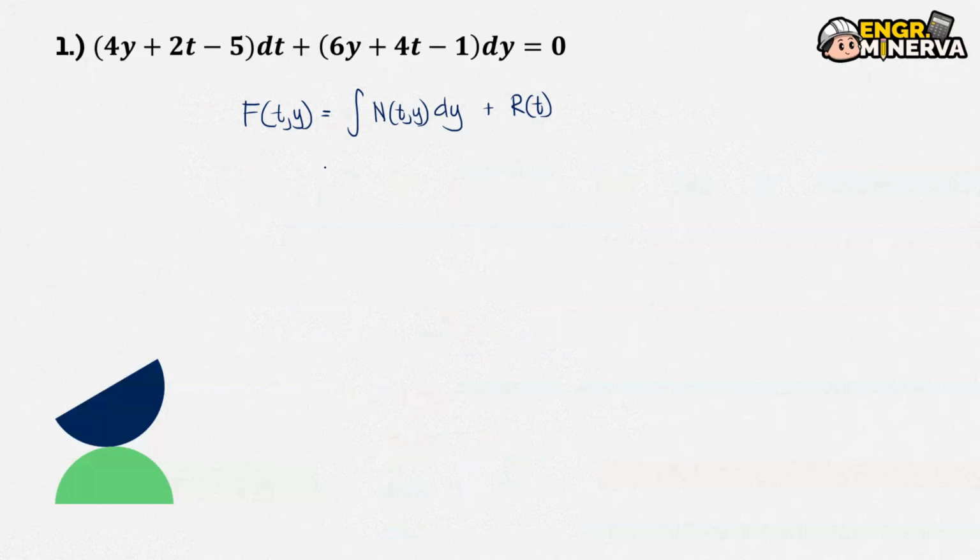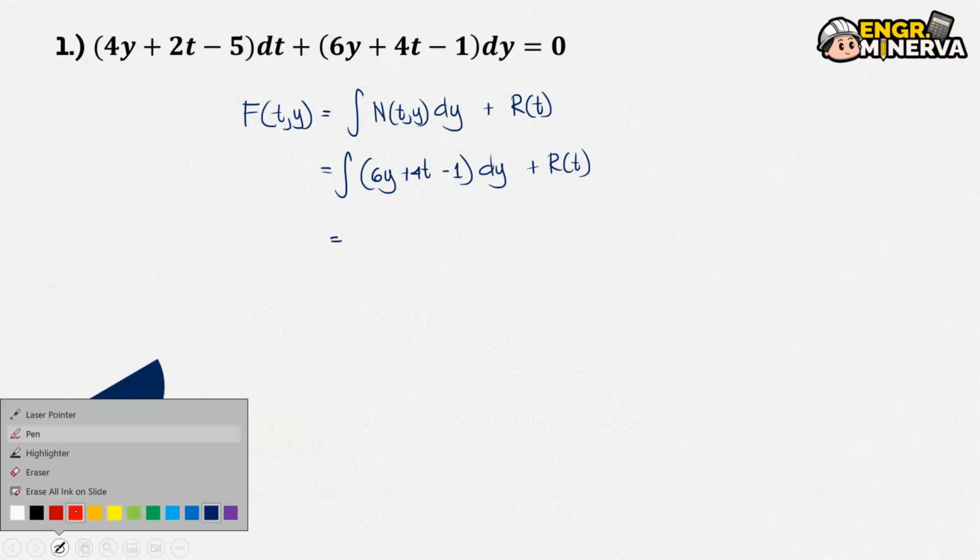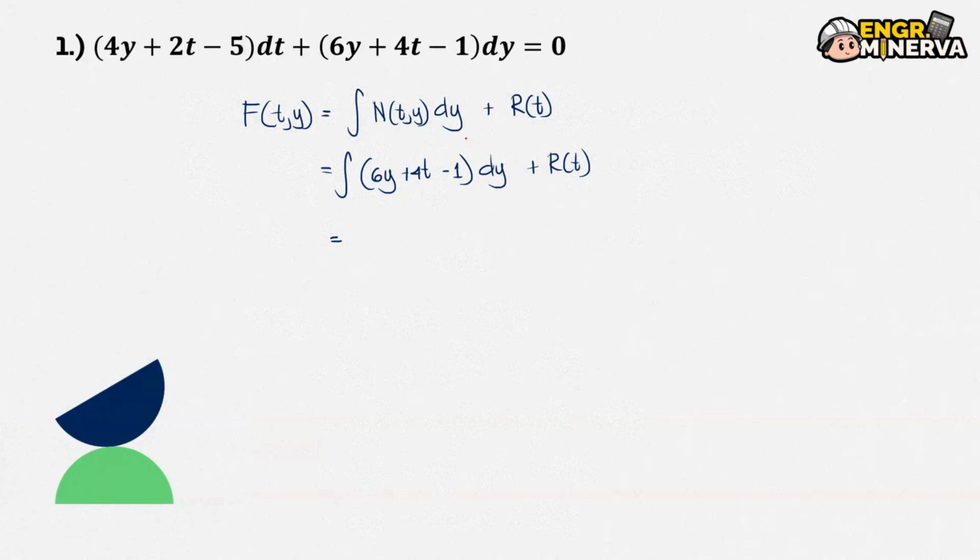So that would be the integral of 6y + 4t - 1 dy plus a function of t. This time, we integrate with respect to y, so it means t is constant. If t is constant, we could factor out the t. Plus 4t integral of dy minus integral of dy plus a function of t.